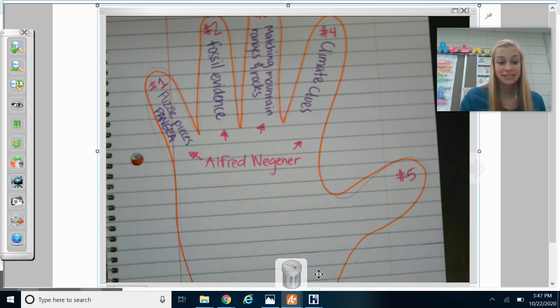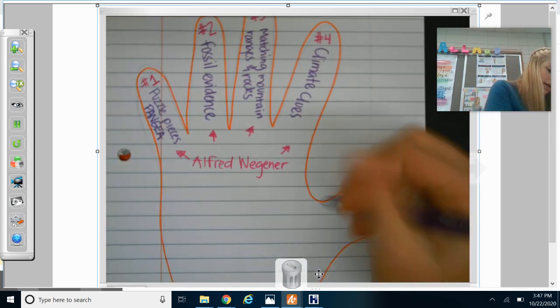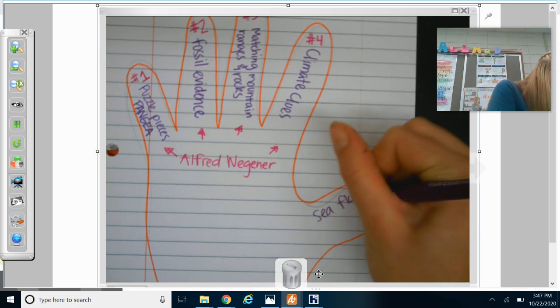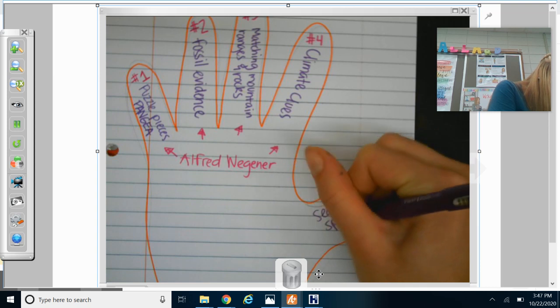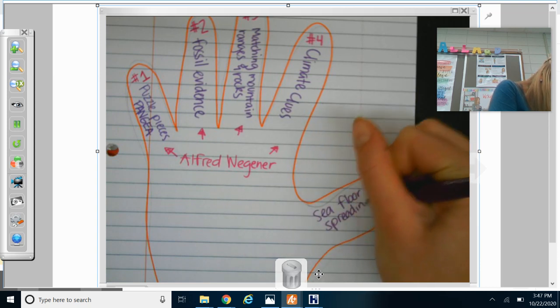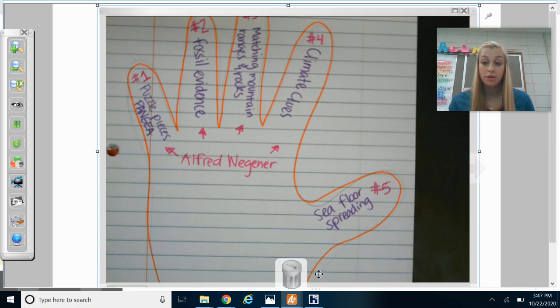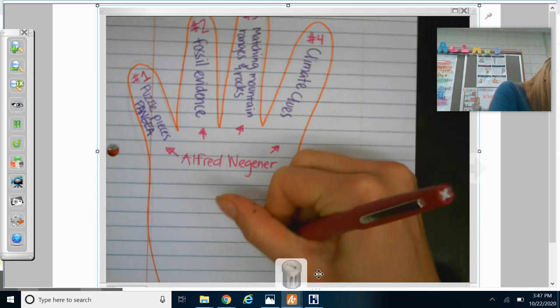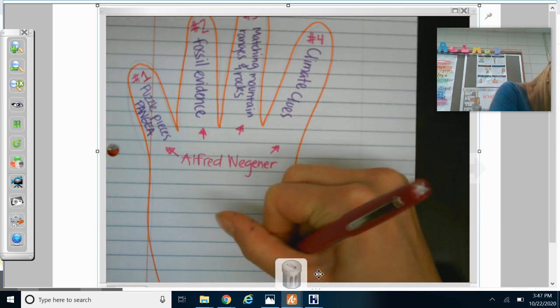So Harry Hess came to the rescue, and he found the final piece of evidence, which was the how. Seafloor spreading. This is how the plates were moving, by seafloor spreading. So this piece of evidence was done by Harry Hess.